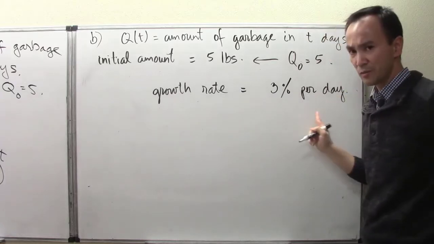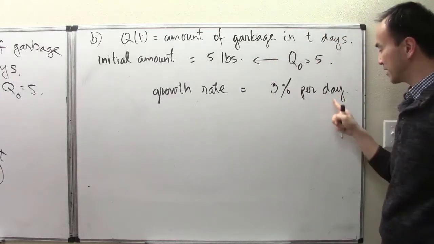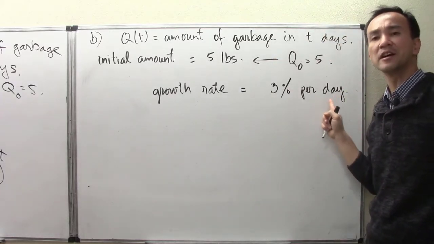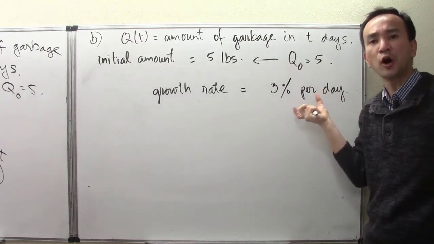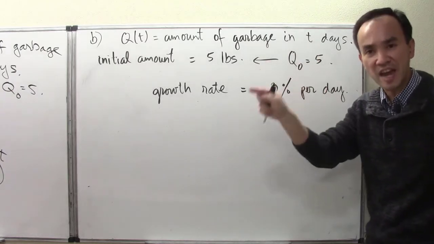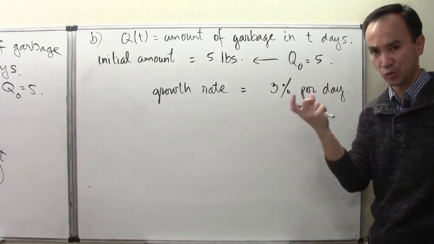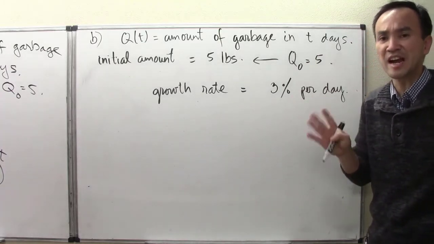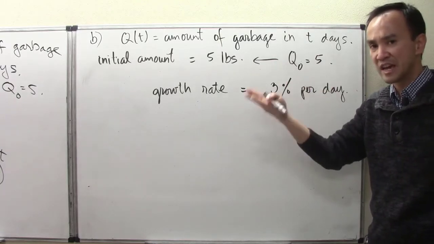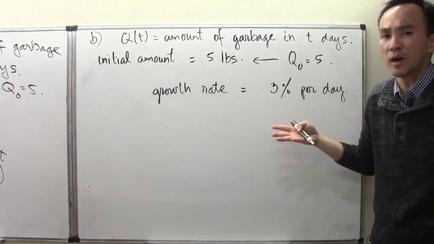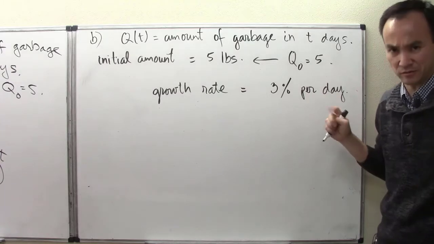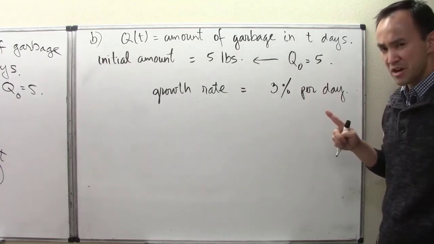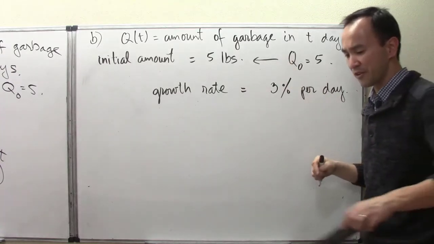And I could have also mentioned this when I was going over part A, but this clarifies that our default time period is in days. Each day is one default time period. But when we're working with these natural growth or decay processes, it's all continuous, so it shouldn't be too important about the default for this particular problem.